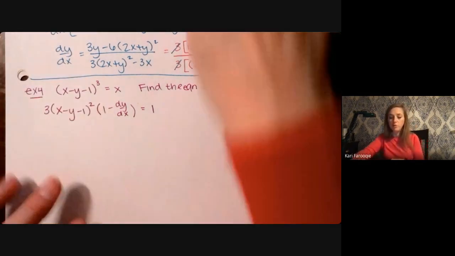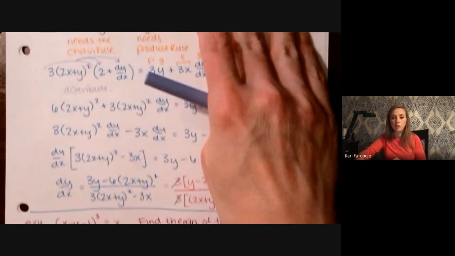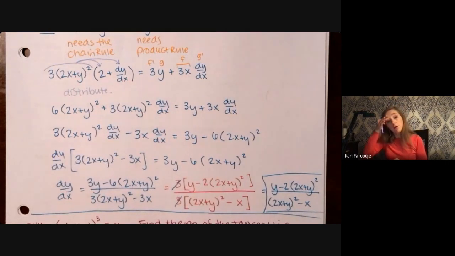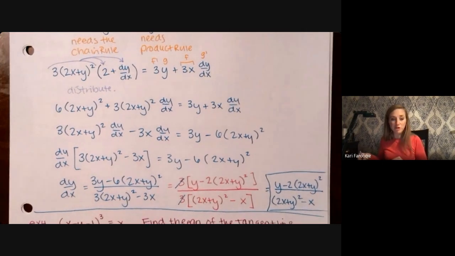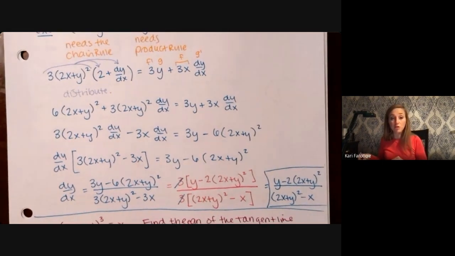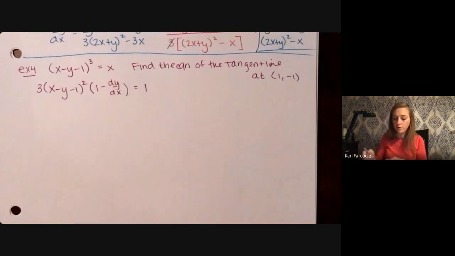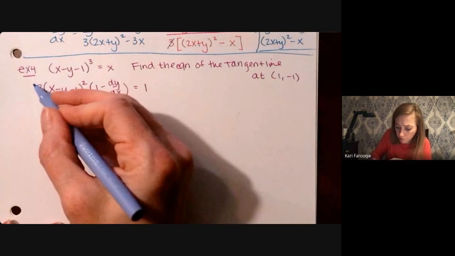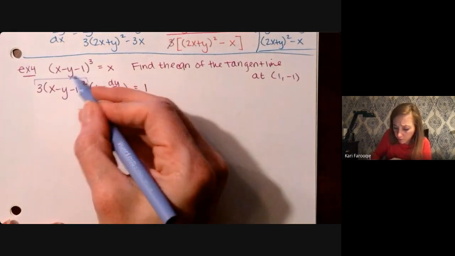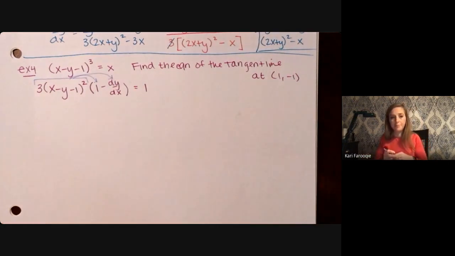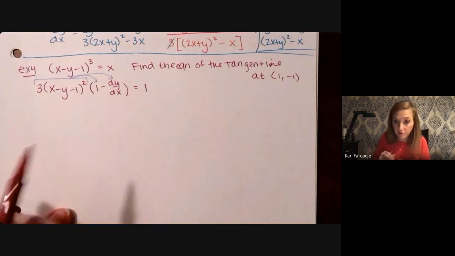So very similar to the last example. Generally speaking, a lot of times when you use the chain rule, you're going to have to distribute. Do I want to say every single time? No, but most of the time when you use the chain rule with implicit differentiation, you're going to need to distribute. Okay, so I'm going to multiply this whole quantity by 1 and by dy dx, just so we can split this up into terms.